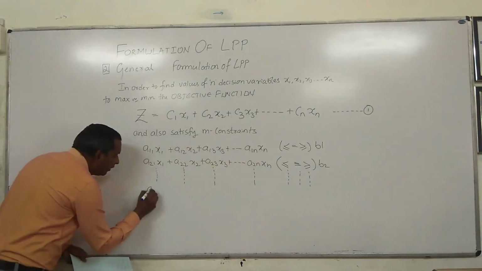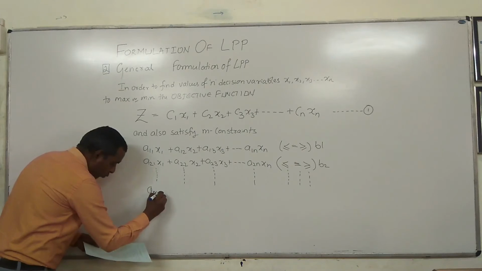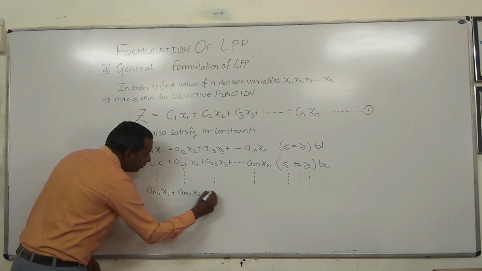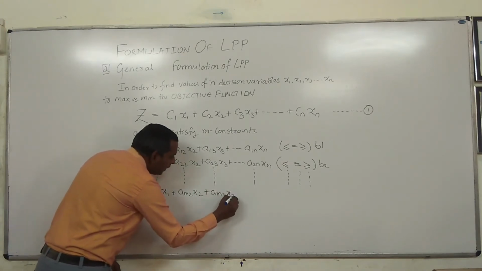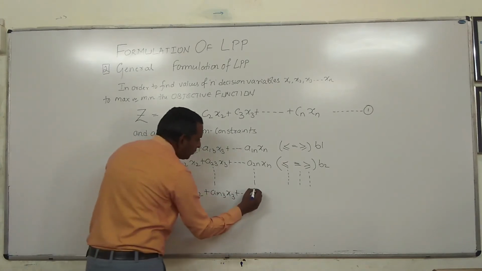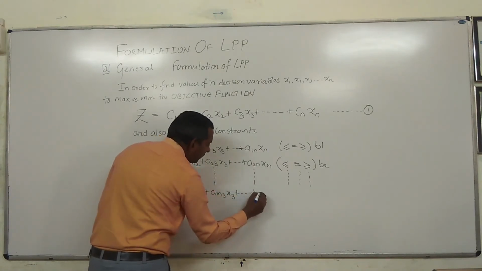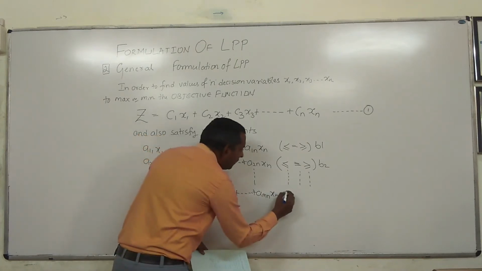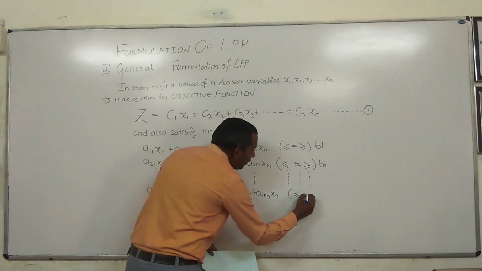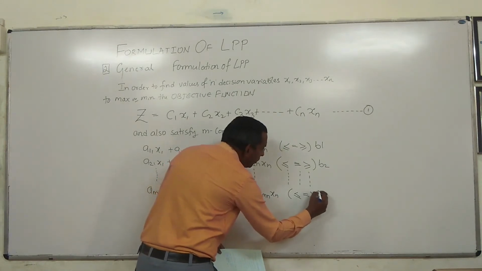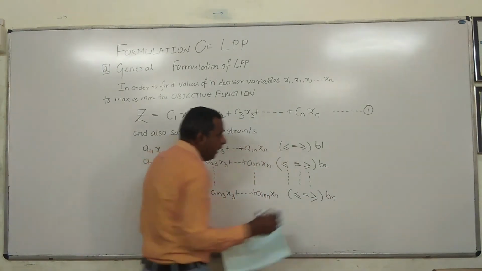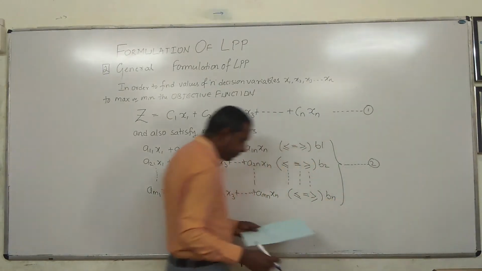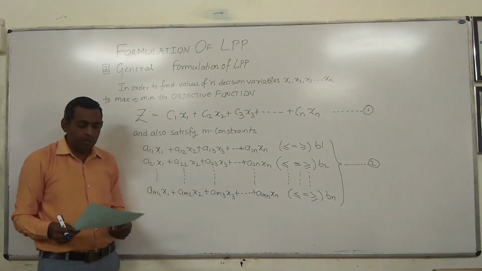Fine. It is Am1 x1 plus Am2 x2 plus Am3 x3 up to Amn xn, that is less than or equal to, greater than or equal to Bm. Fine. This is equation number 2.